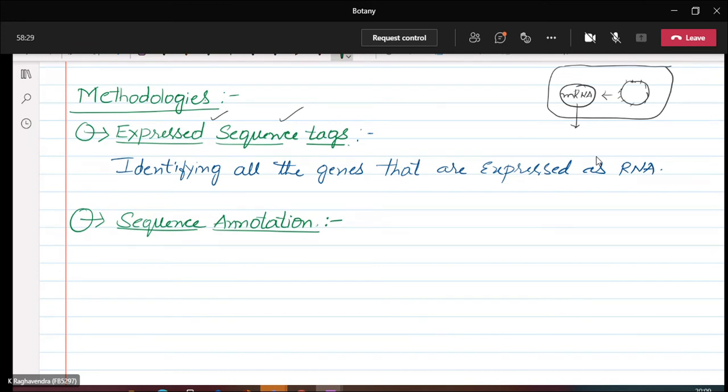Sequence annotation. In the case of sequence annotation, this is about sequencing of the whole genome. Sequence annotation means sequencing of the whole genome.